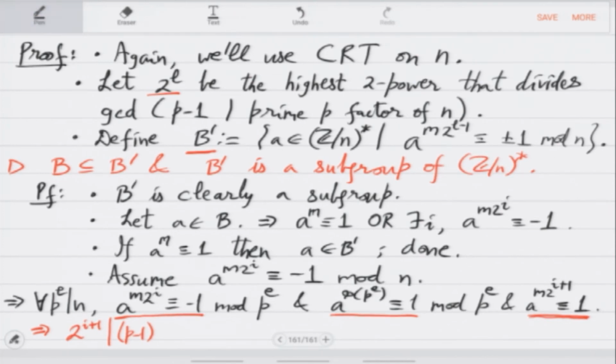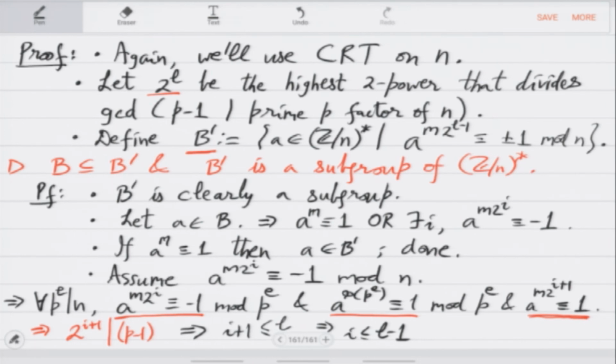And once you deduce this, you are good, because now I relates to L, right. L was the 2 raised to L, the highest 2 power. So, it means that I plus 1 has to be less than or equal to L, which means that I is less than or equal to L minus 1. Okay.